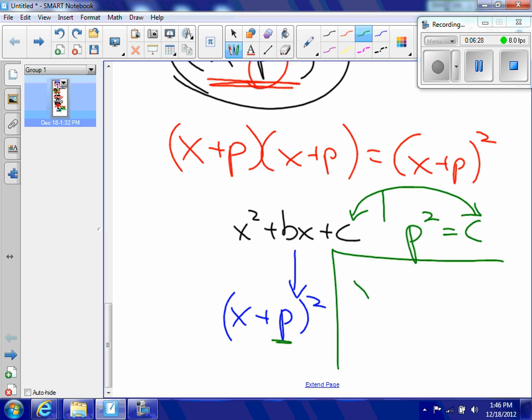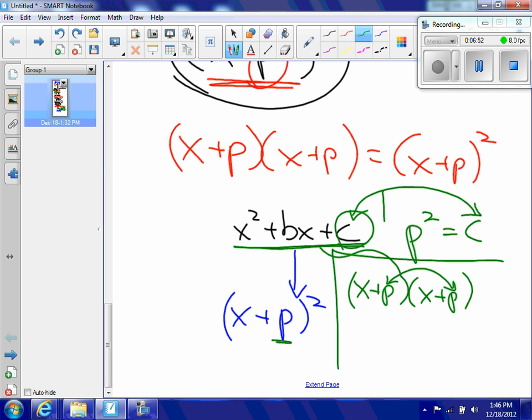If I have (x + p) squared, (x + p)(x + p), and I'm going to FOIL this out to make it in the standard form, ax squared plus bx plus c, I can see that my last term, which is c, is going to have to be the same as p times p.